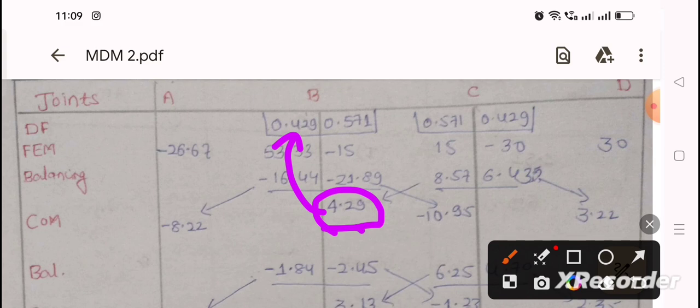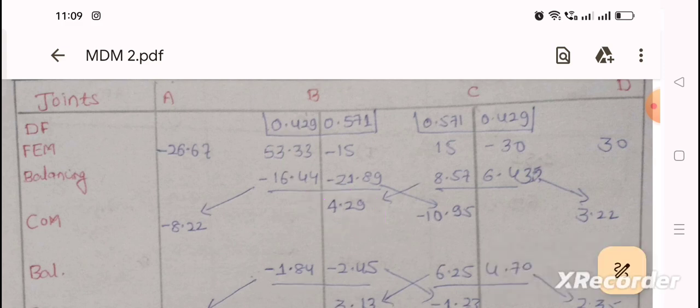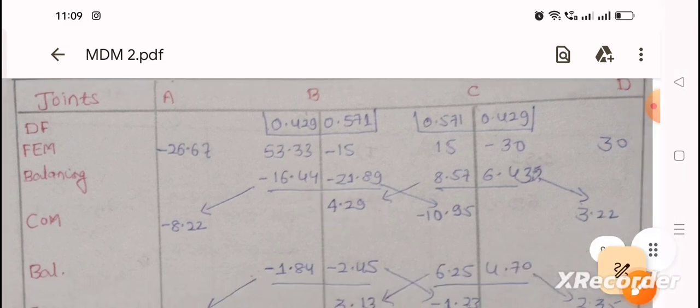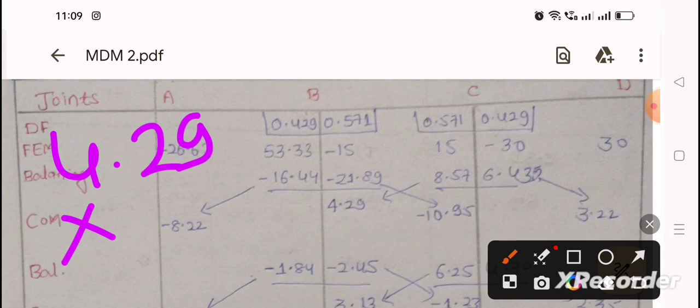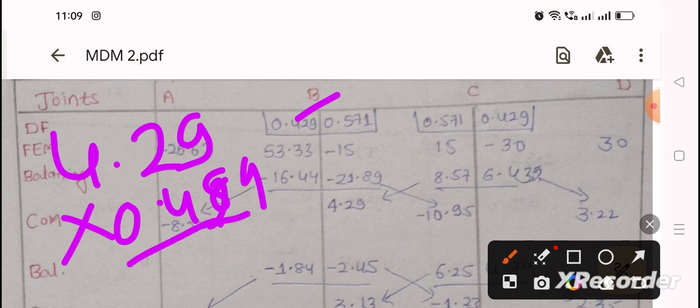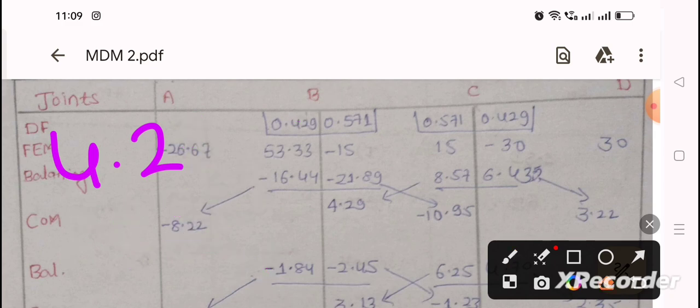If you are getting plus, you have to write a negative sign, minus 1.84.